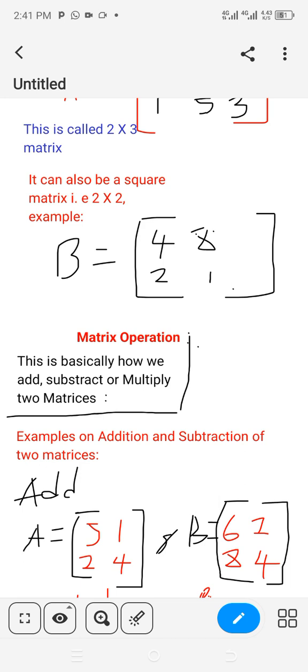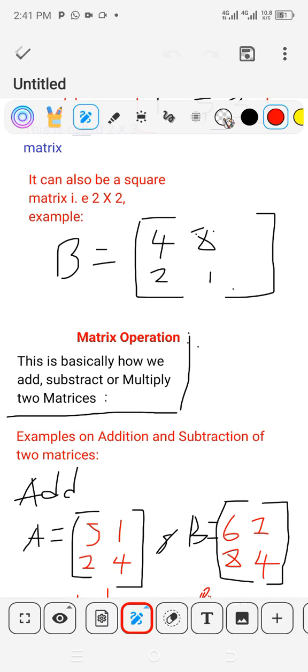So what about a matrix that has 2 columns and 2 rows? As you can see in matrix B, it has 2 rows, that is 4 and 2, and 2 columns, which is 4 and 8.